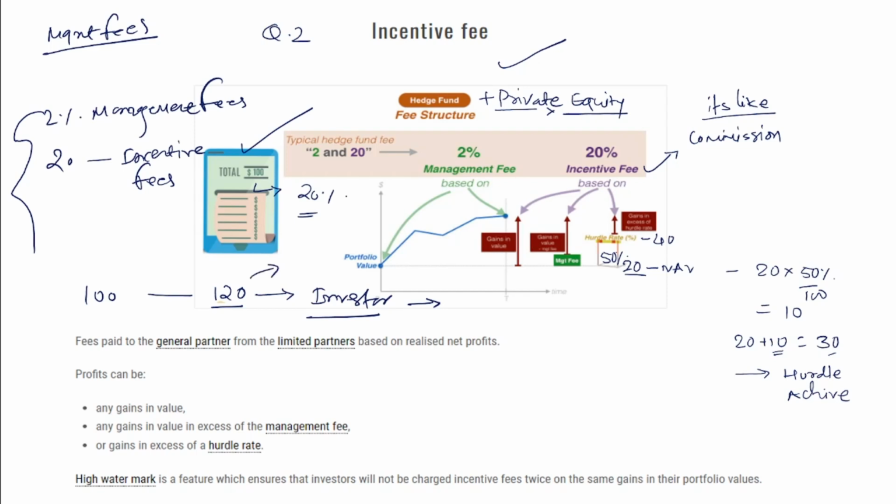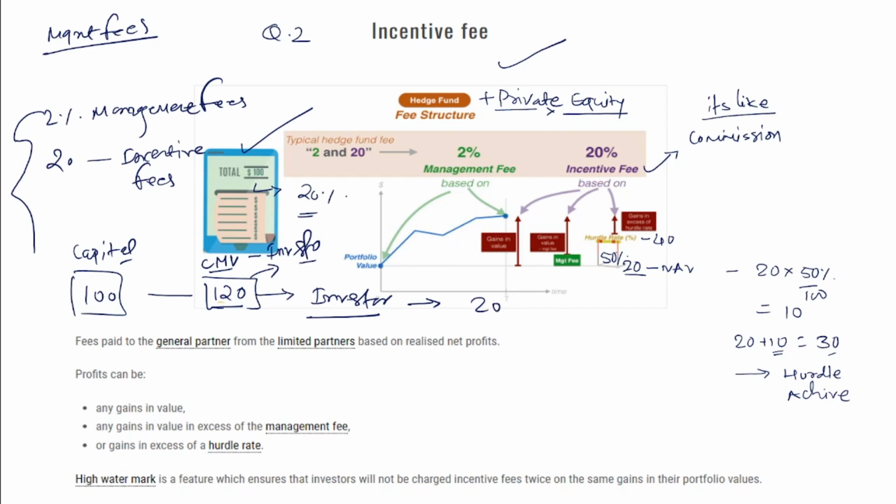So the fees will be calculated on return, because this would be your capital invested amount, right? And 120 is the current market value of that investment. But the original gain is only 20 rupees.